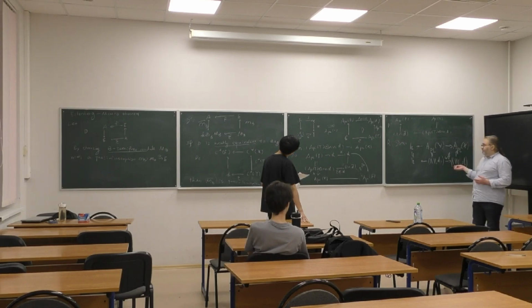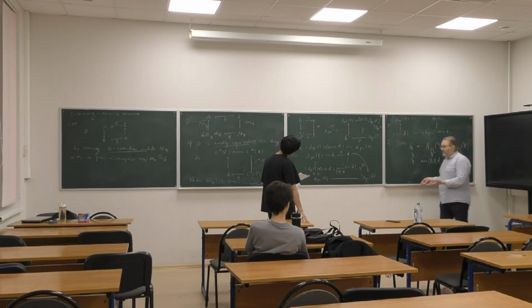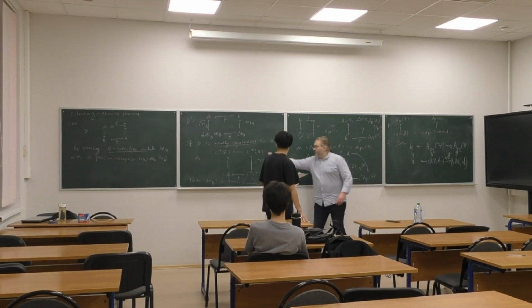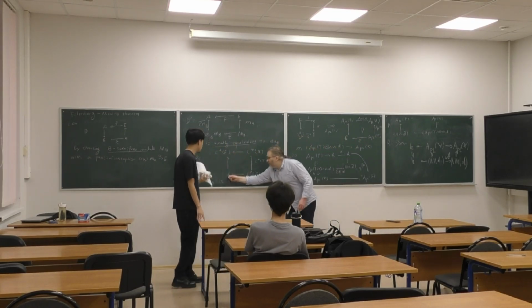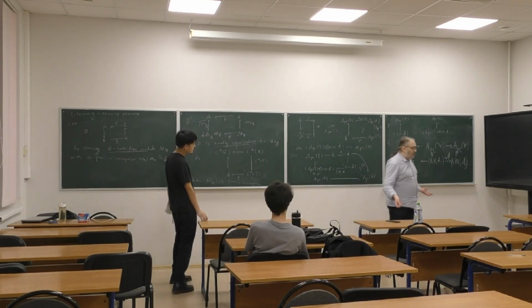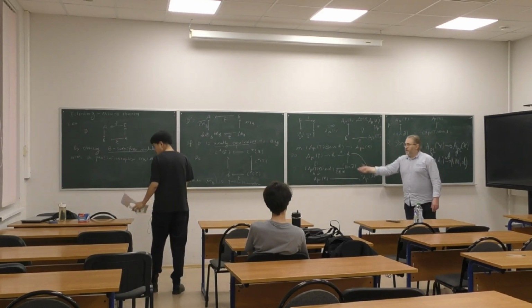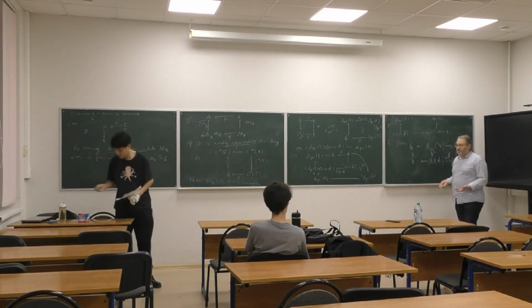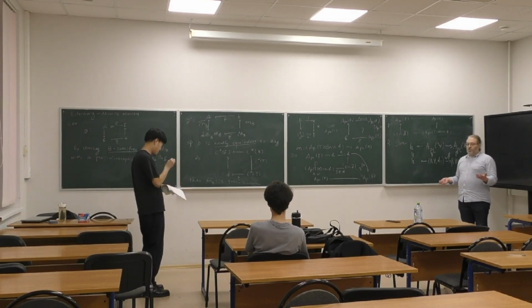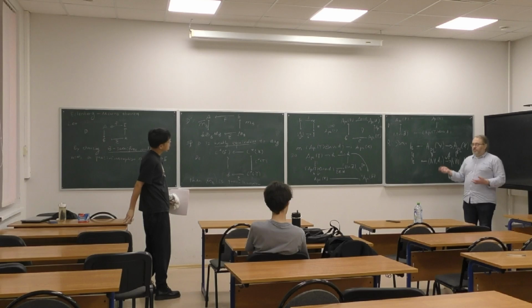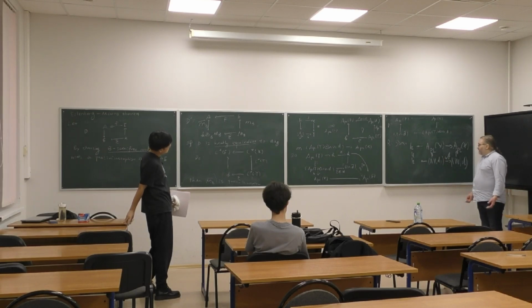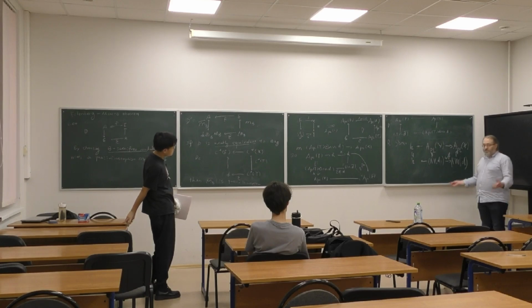On the other hand, if I take the homotopy co-limit of this one, we get C star of F by the classical Eilenberg-Moore theorem. How are the two diagrams related to one another? Well, are there any suggestions?